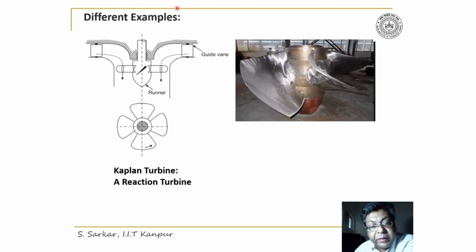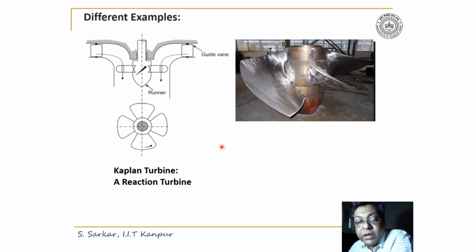I have shown here a pictorial view of the Kaplan turbine, where water is collected by the diffuser and then pushed to the runner. When it enters the runner, water becomes axial and then it comes out axially. You can appreciate the impeller looks like a propeller having very few blades of aerofoil construction.